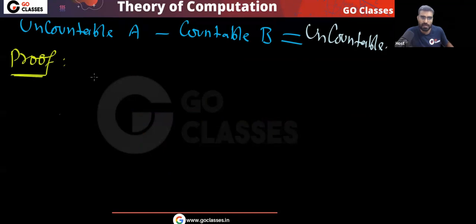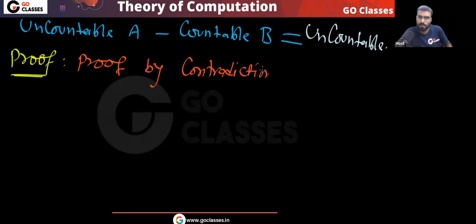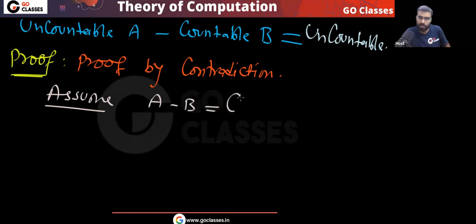So, proof by contradiction. What will your proof say? Assume A minus B is countable. Remember, this is proof by contradiction, so you just assume that A minus B is countable.